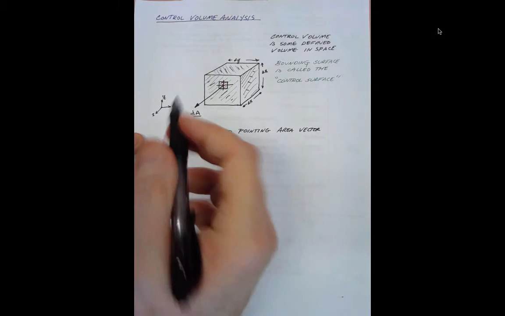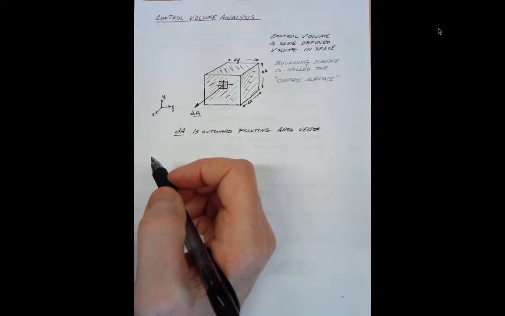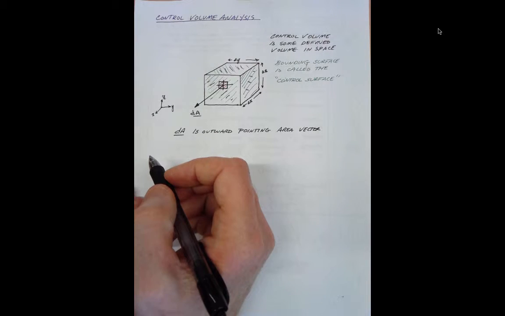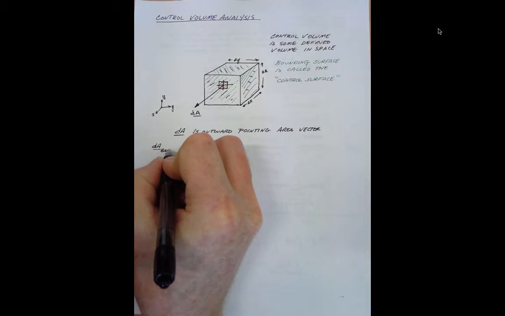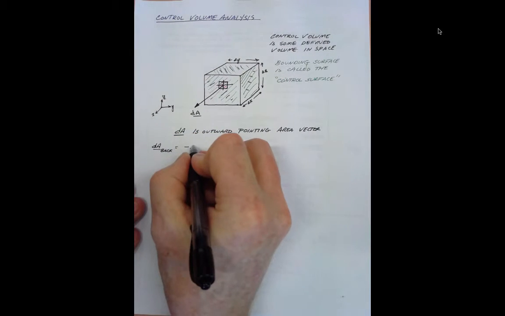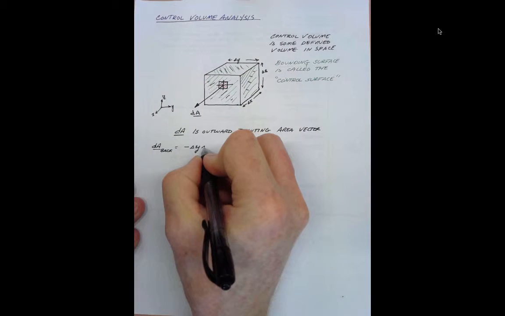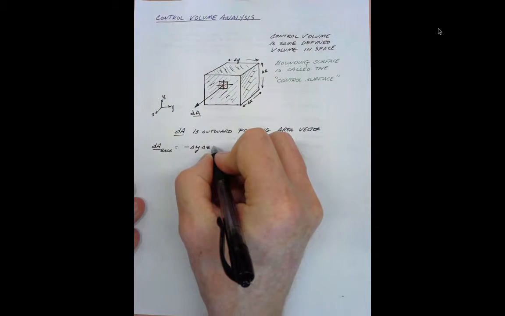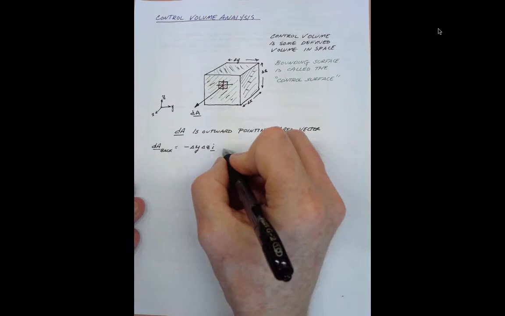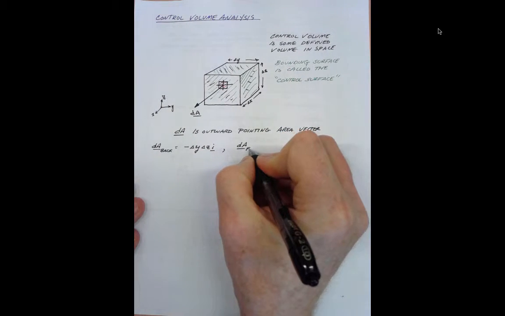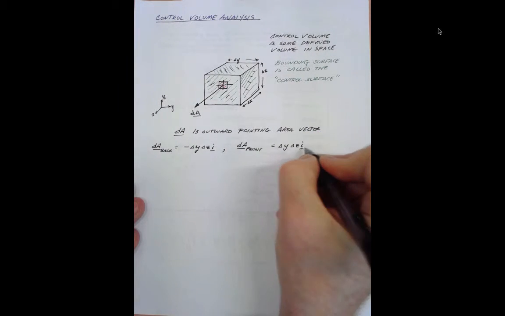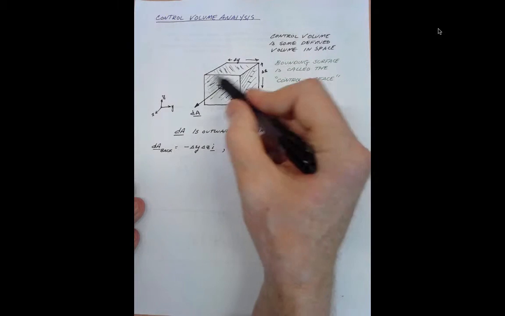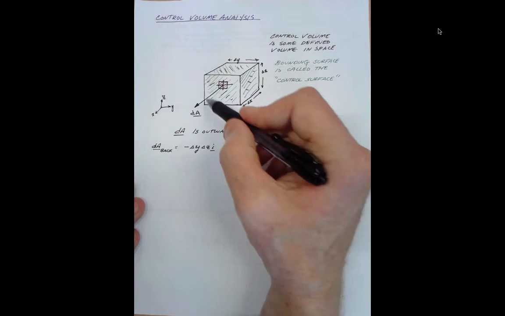And if we were to introduce a Cartesian coordinate system with unit basis vectors, so dA of the back is going to be minus delta y, delta z in the i direction. dA in the front, delta y, delta z, the plus i direction. So this dA for a small differential thing is taking on those values.